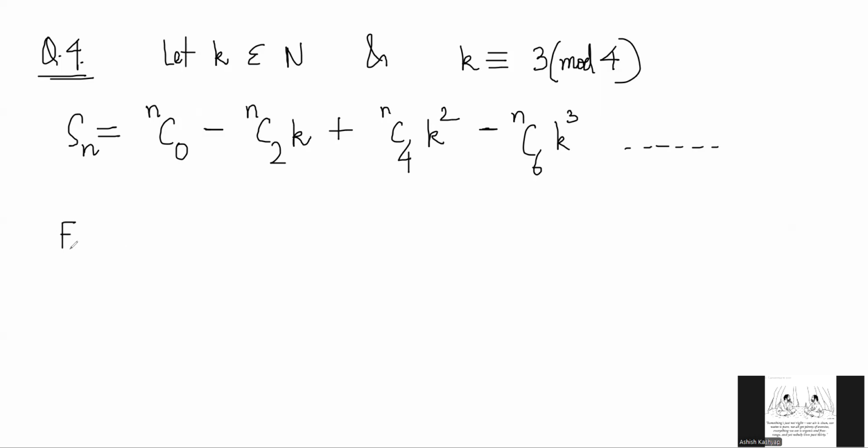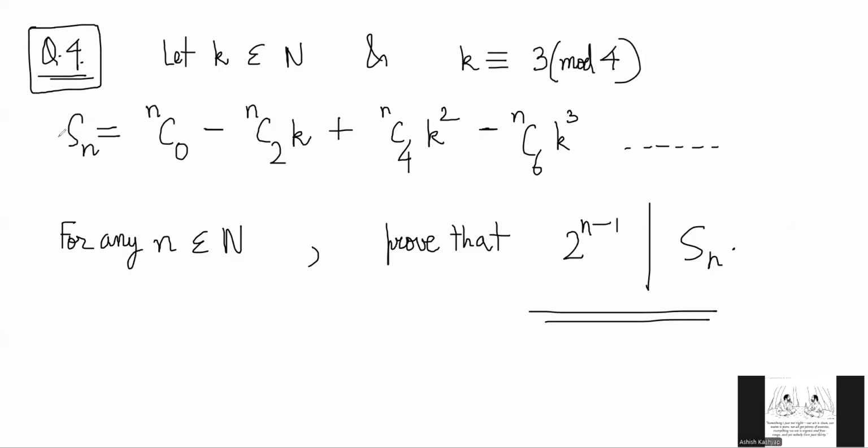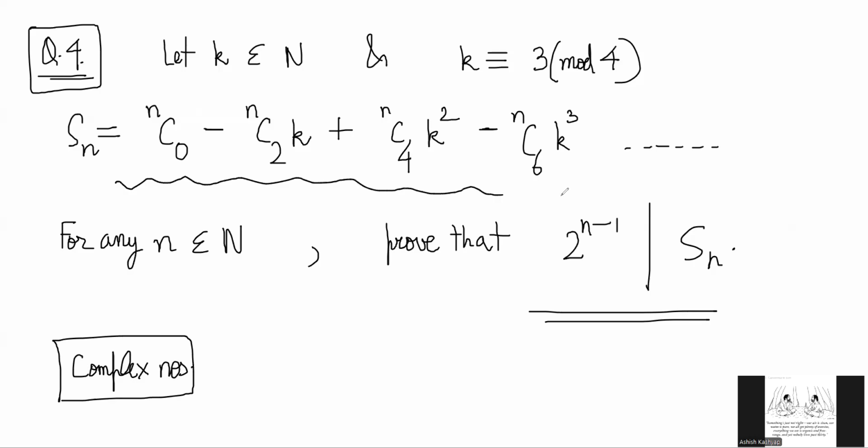For any n belonging to natural numbers, you have to prove that 2 power n minus 1 divides S of n. So you can try this problem at home. I would say that this problem also will involve complex numbers. So that is your hint. Because if you want to simplify this binomial series, you might want to think about putting some complex numbers in order to get this S of n.